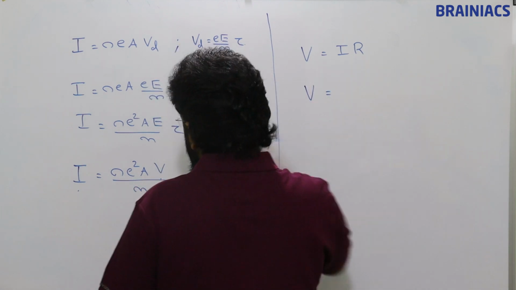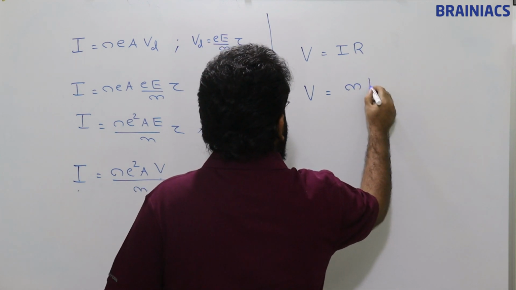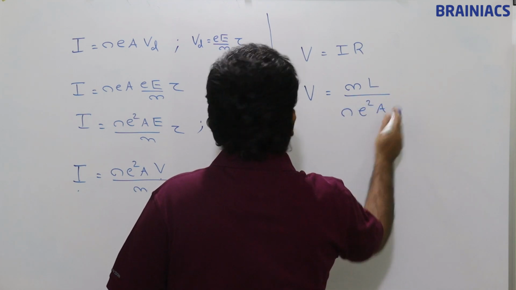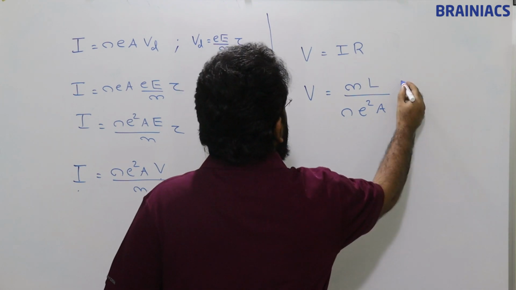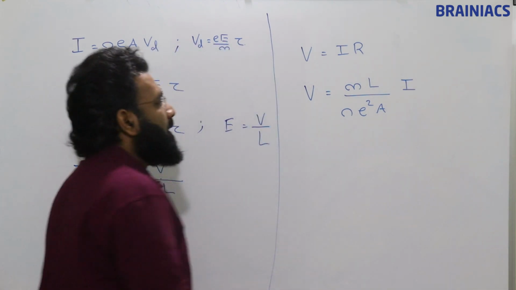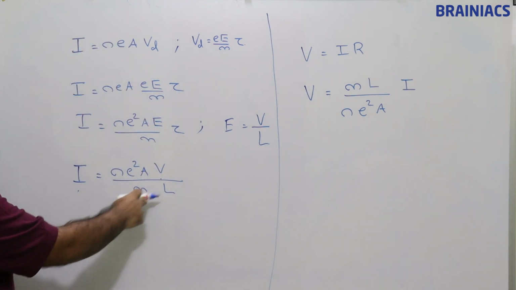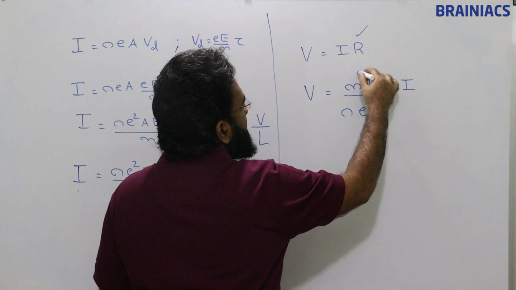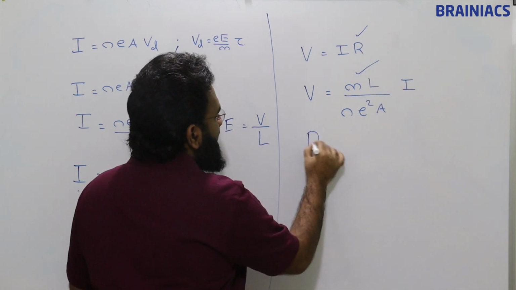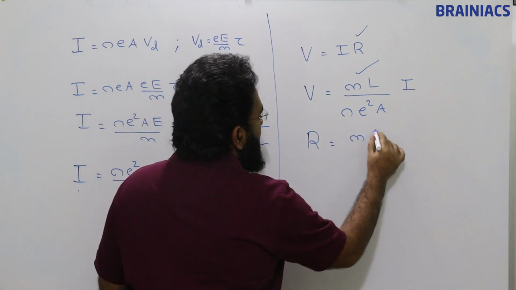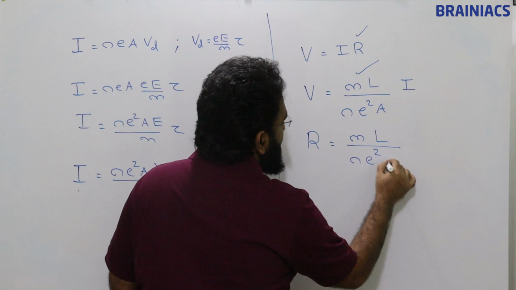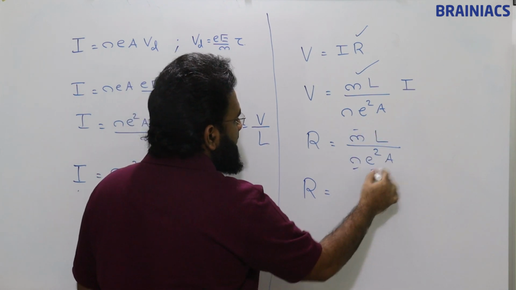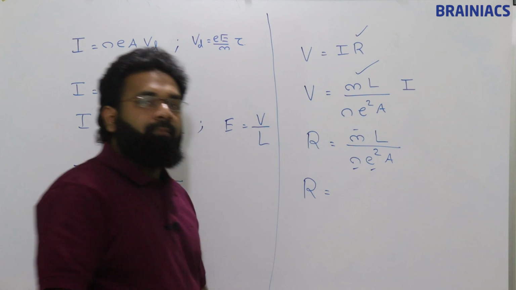So V is equal to, I is here, we will put mL on this side, divided by ne squared A, then I. So V is equal to mL into I by ne squared A. So from this and from this, we understand that R can be replaced by mL divided by ne squared A.